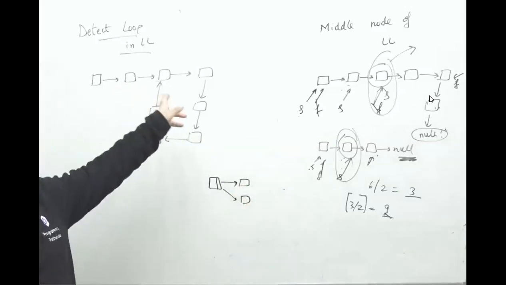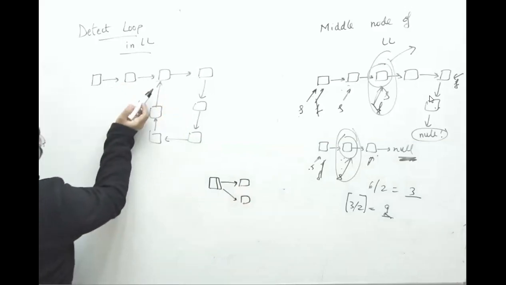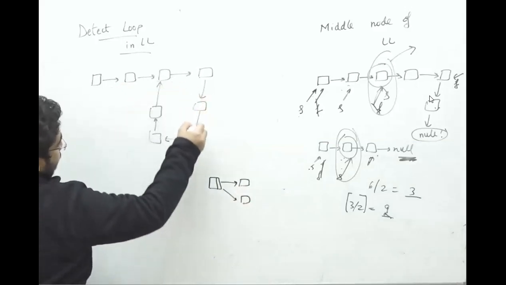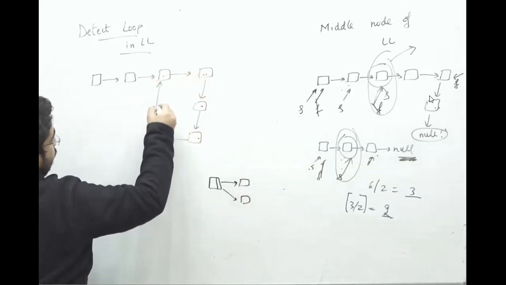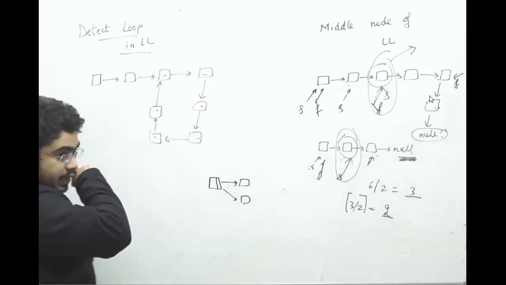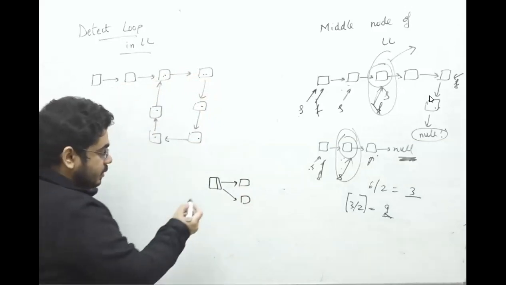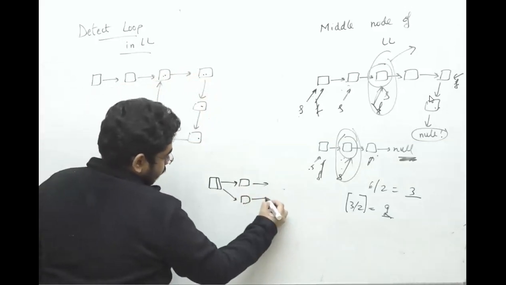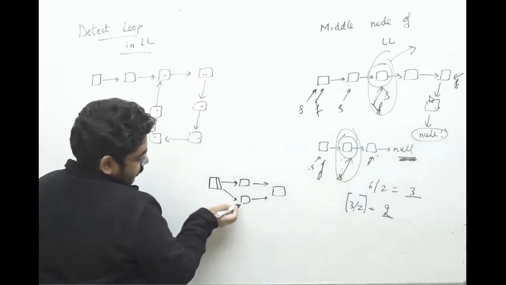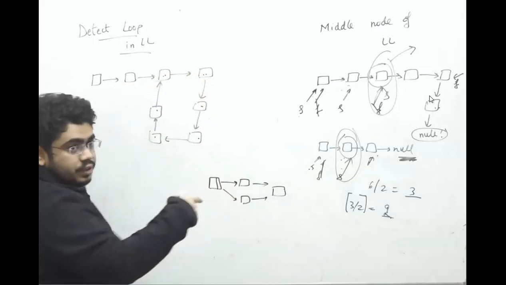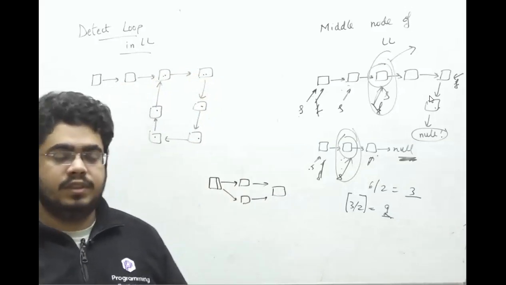So how does a loop work here? Loop will work only if they are connected in a cycle, like one points to the other, points to this, right? That is the only way. It can never happen that it's like this. They both point to the same. Because two pointers cannot originate from the same node, this kind of stuff is never possible. Is that clear to everyone?